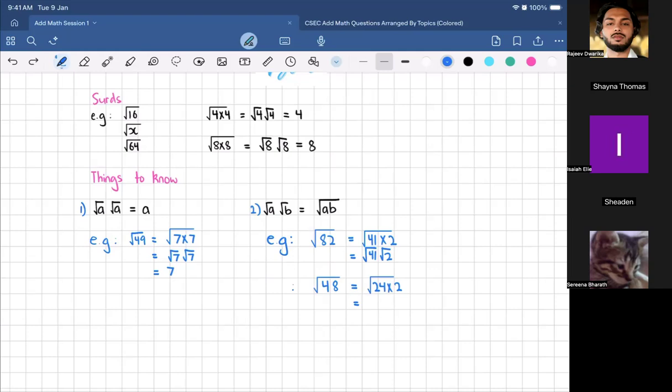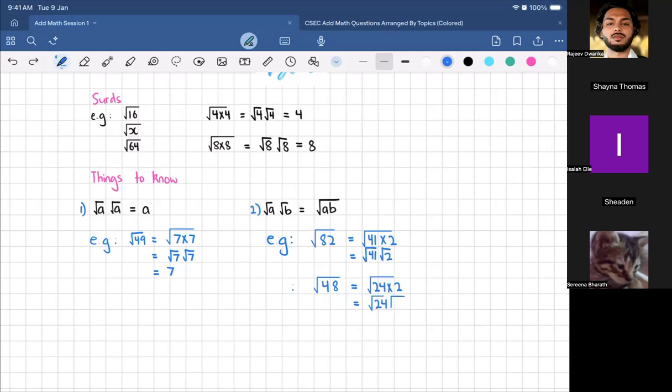I have 24 by 2. So check out the example: 24 and 2. So the square root of 24 multiplied by the square root of 2. Exactly.